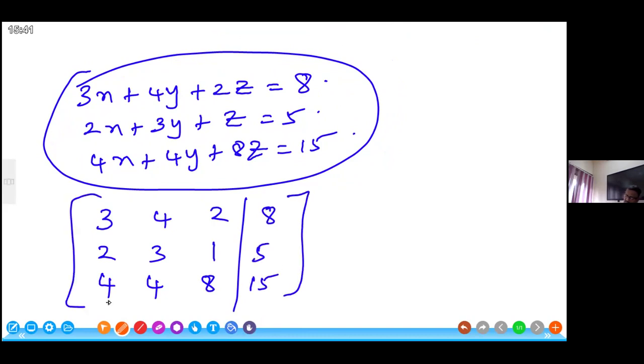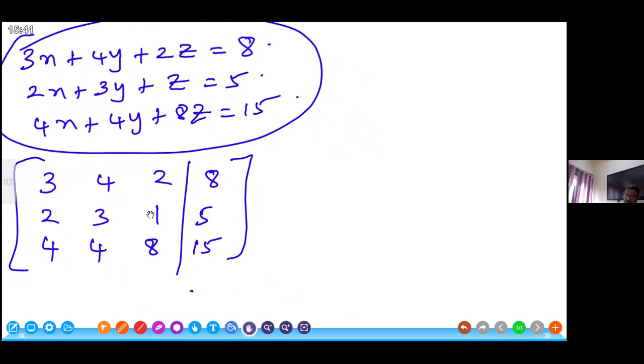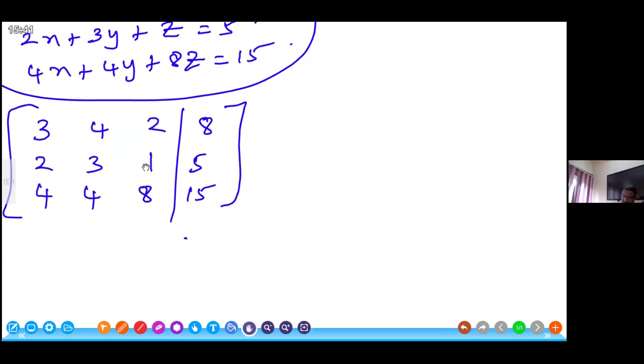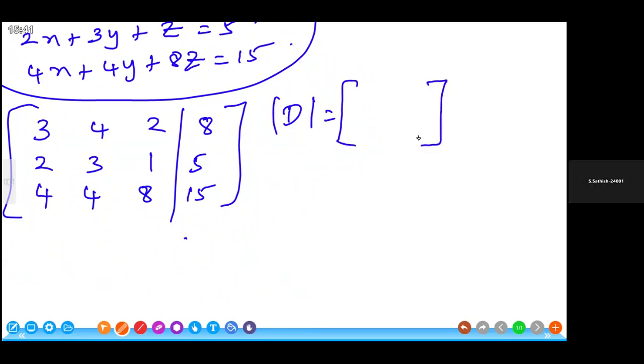So using this, we can have several determinants. How many unknowns are there? 3. 3, x, y, z. So the determinant for all the denominator is the common one, right?